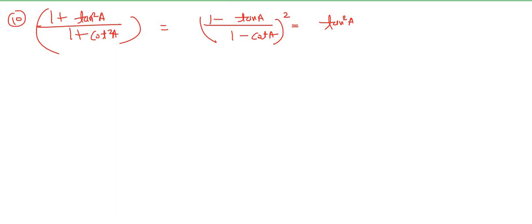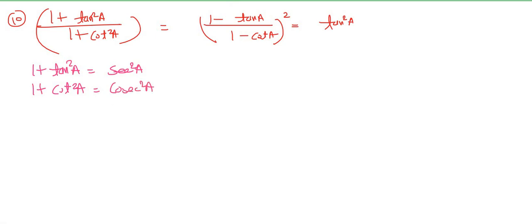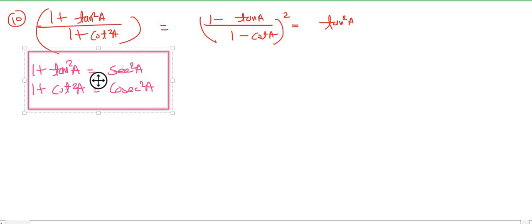Whenever you see 1 with tan square, 1 with cot square, I think I gave you one formula, right? Write down: 1 plus tan square is equal to sec square A, and 1 plus cot square is cosec square A. So we will directly go ahead and use these two formulas here. So what is 1 plus tan square?